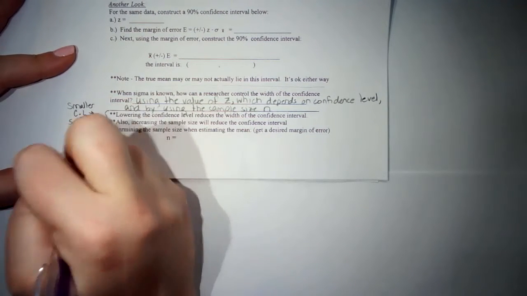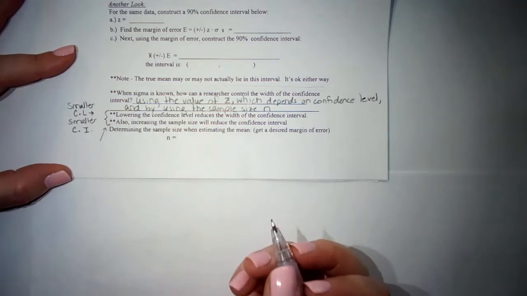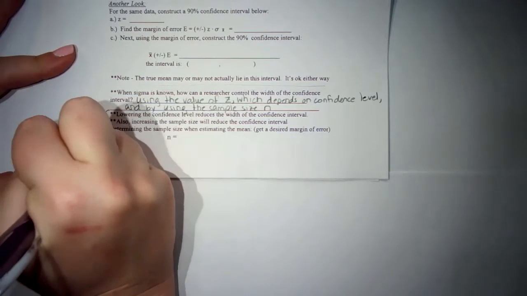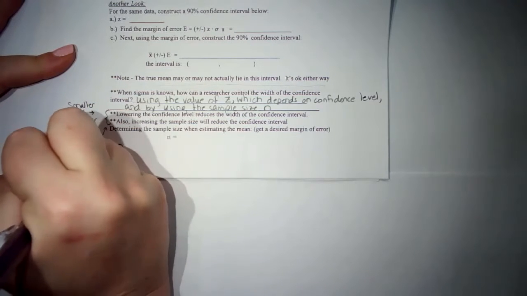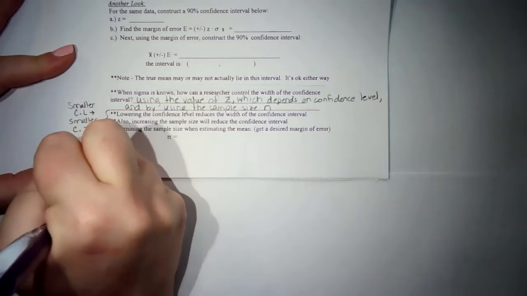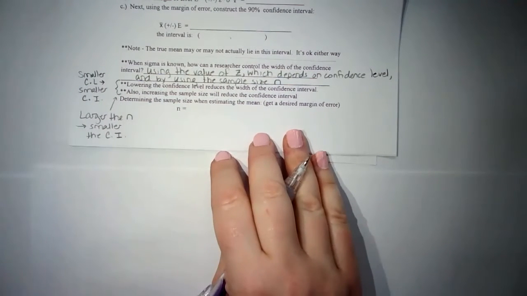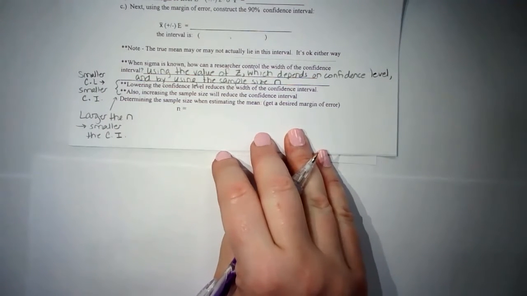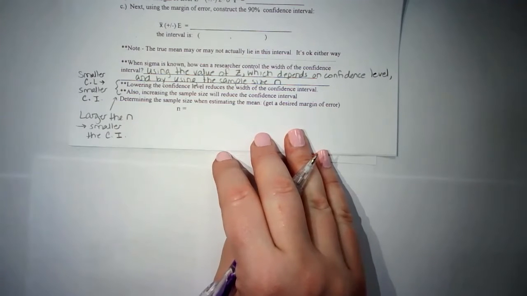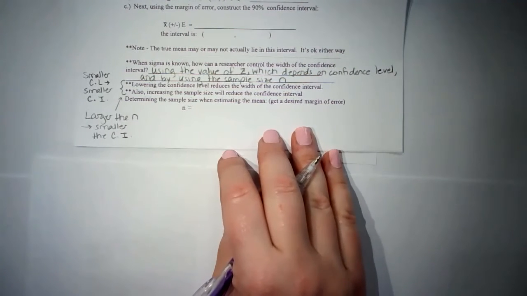So those are proportional to each other. They happen the same way. The N is going to be the opposite. The larger the N, the smaller the confidence interval. And when I say smaller, I mean not as wide. It's a more narrow interval. Okay, we'll look at that when we do our examples. I'm just throwing all your little info out here real quick.